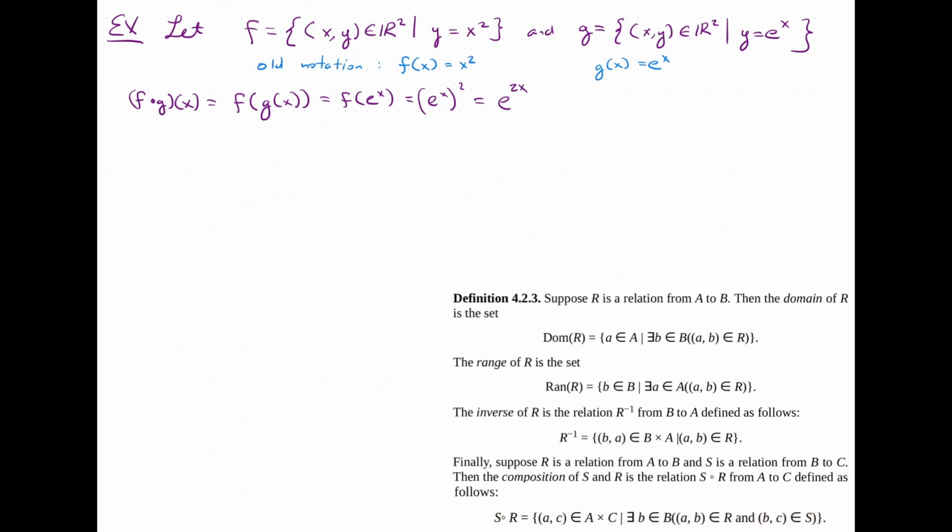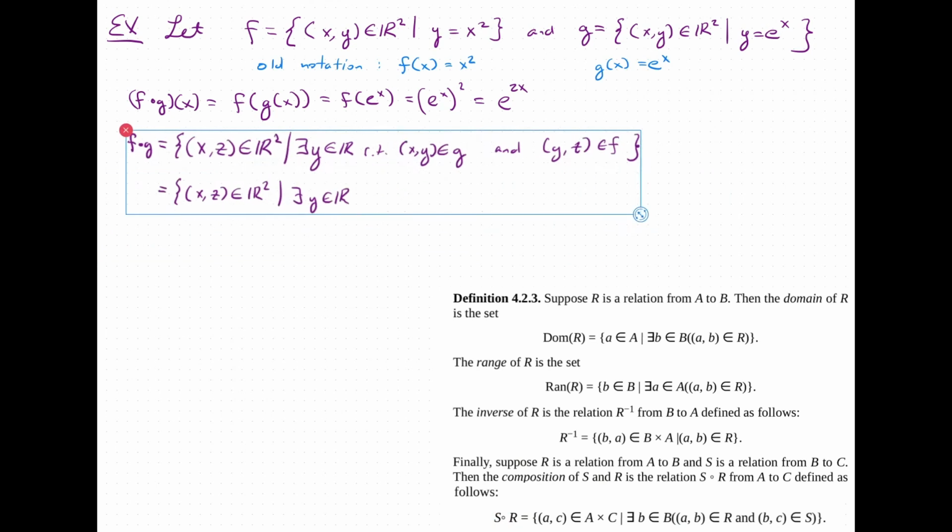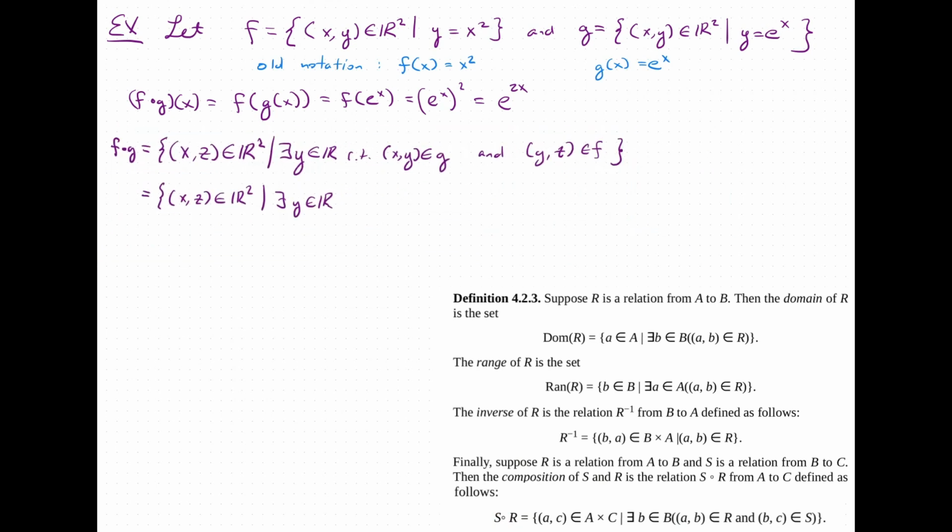In sum, if we apply the definition, f compose g becomes x comma z in R2 such that there exists a y in R such that x comma y is in g and y comma z is in f. And the order matters. If we had done x comma y in f and y comma z in g, we would have instead gotten g composed f.